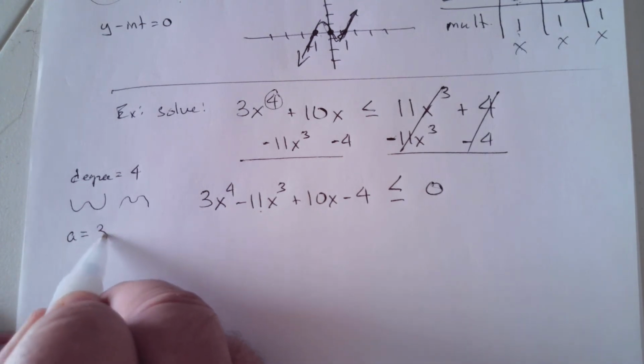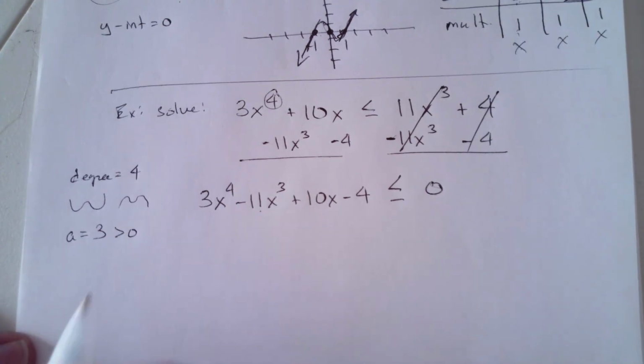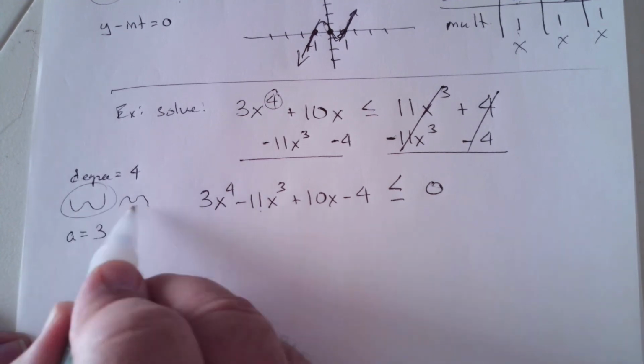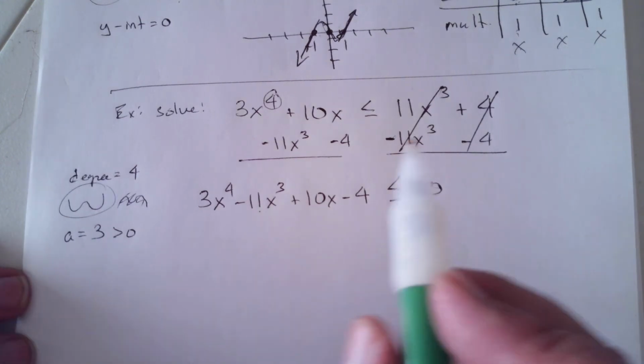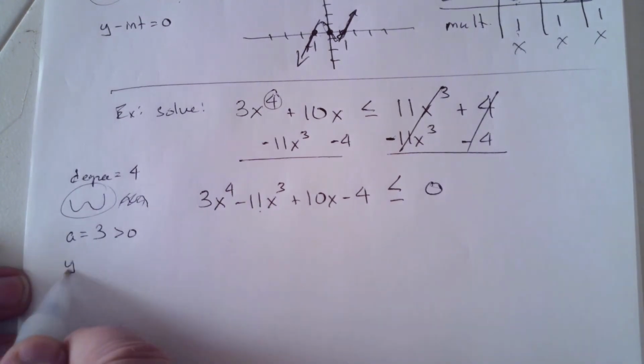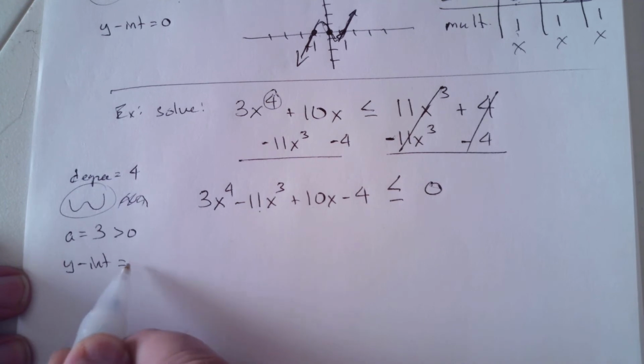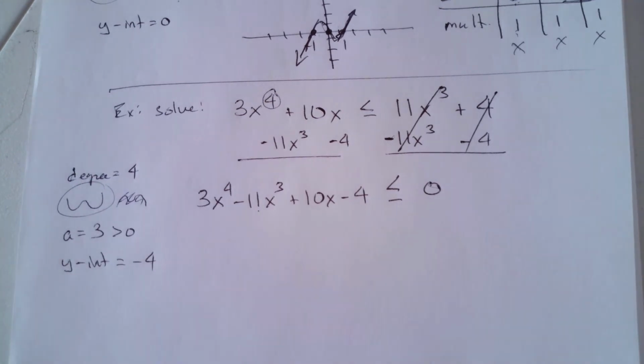Since a equals 3, and it's greater than 0, it points up. So we know our graph looks like that. We know we're going to have 4 intercepts. We also know that our y-intercept equals negative 4.